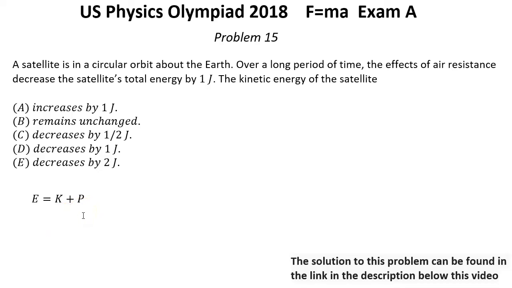For a circular orbit at any point, we have potential energy equal to negative 2K, where K is kinetic energy. It means that total energy equals negative K. It means that if we decrease total energy by 1 joule, kinetic energy will increase by 1 joule, which is answer A. That was the solution for problem number 15.